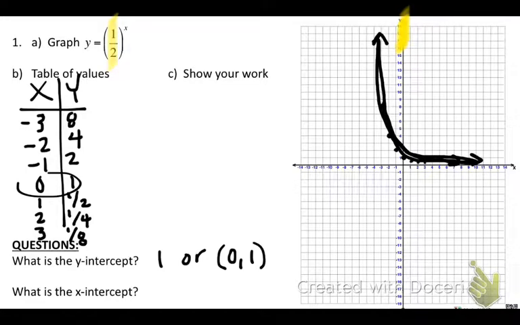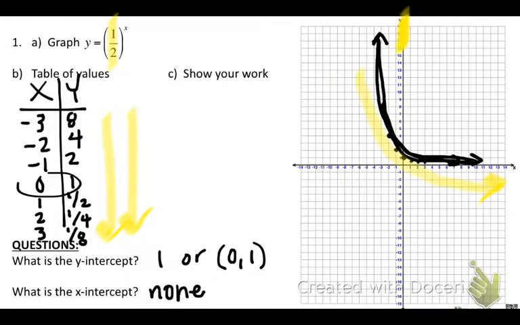And the x-intercept, well, I see as this graph goes down that those fractions got smaller, but there actually is no x-intercept. It approaches the x-axis, but it never actually touches it. That fraction that's over here just gets smaller and smaller and smaller.